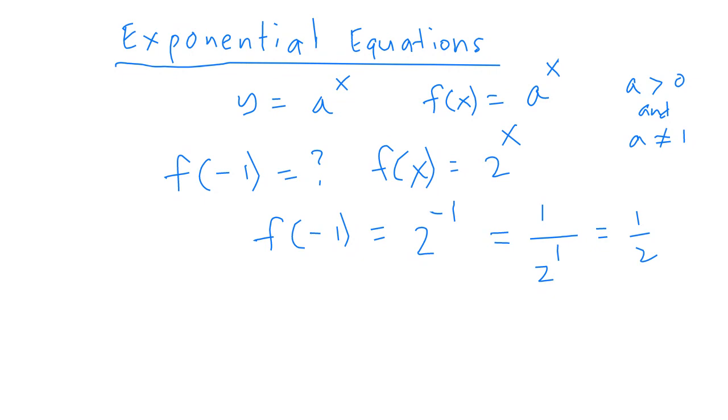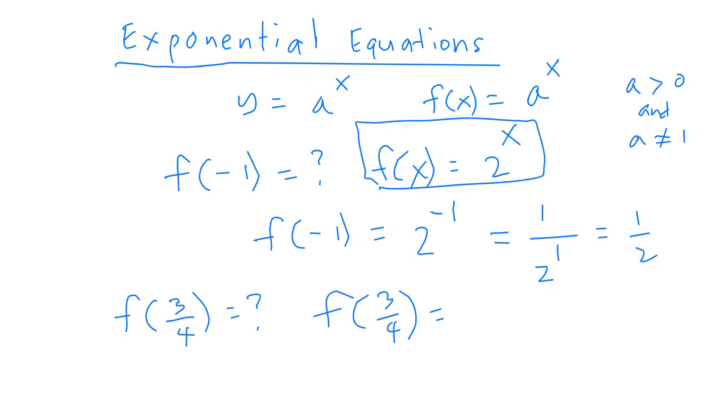Okay, so let's say you are asked to evaluate the answer when you have 3/4 for your x. So you're evaluating 3/4, and plug that in using the same equation.